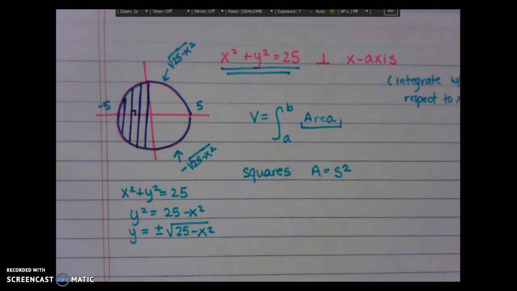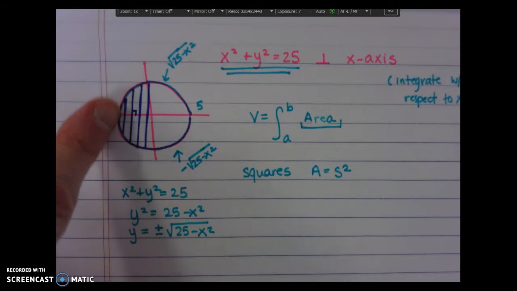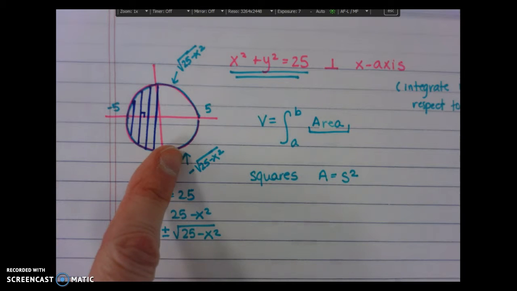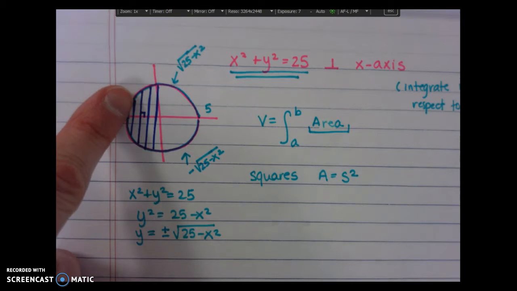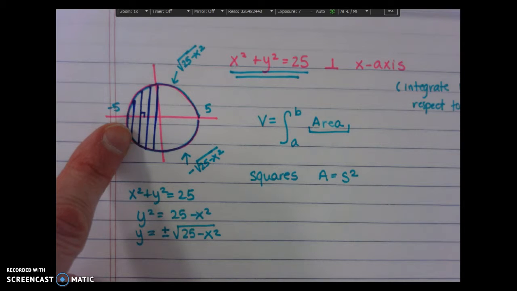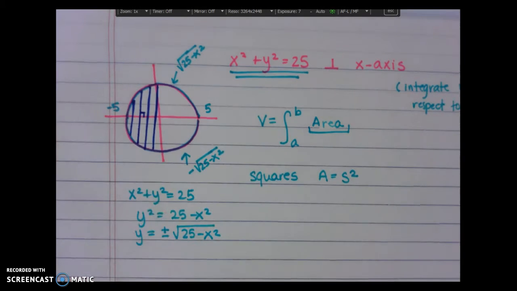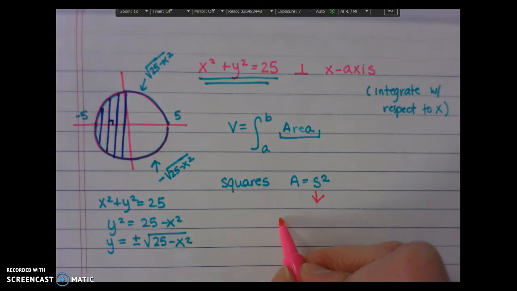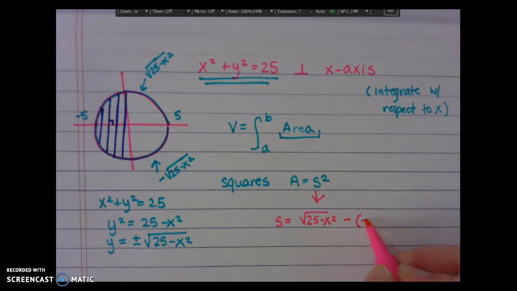So keeping in mind that what's changing is the length of your side, what's controlling that? It happens to be the function. So this top curve minus your bottom curve, this should sound familiar, is actually controlling, in this case, the side length of our square. So to find s itself, it would be the top curve minus the bottom curve.